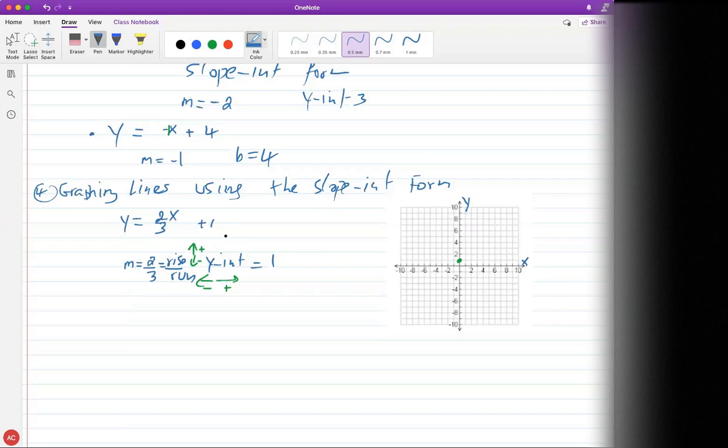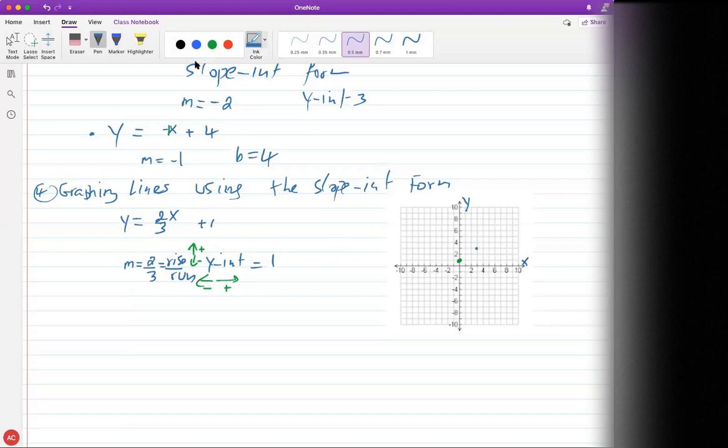Because it's positive, we go to the right 3 units. So from here, we go up 1, 2, then to the right 3 units, 1, 2, and 3. Then we end right over here. And that's it. Those are the points we need, and you just draw a line through them. So you do this fast without doing any actual math. Just start from here, rise and run, and you get your line.